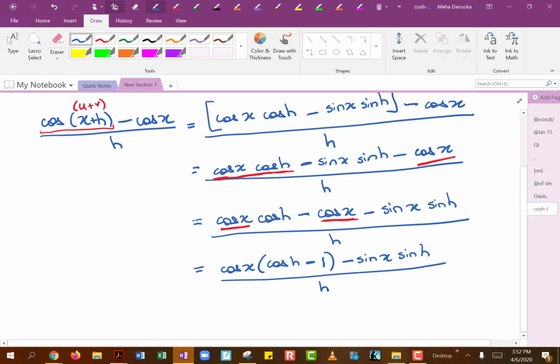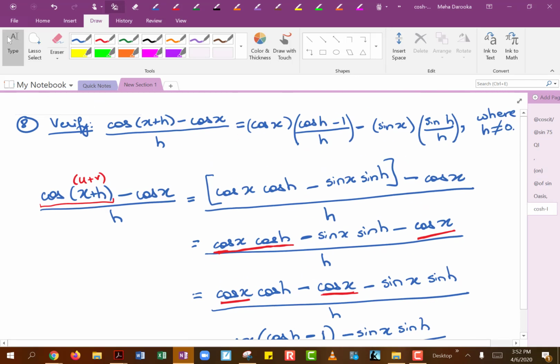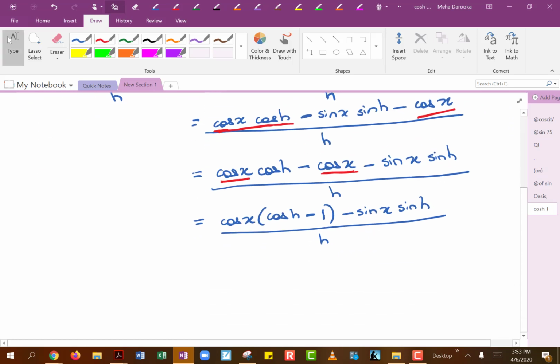Now remember, we're trying to verify this identity, so we're just trying to make that left-hand side look like the right-hand side which was given to us, and you're actually almost there now. So now, I have cosine of x, cosine of h minus 1, right?